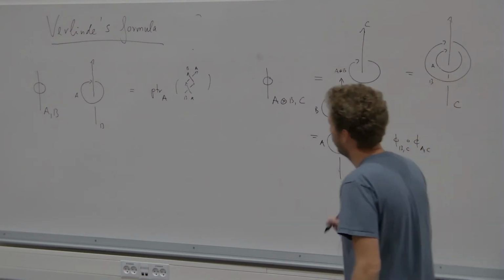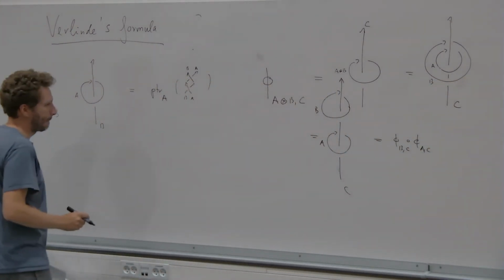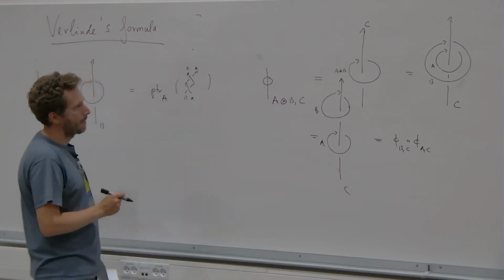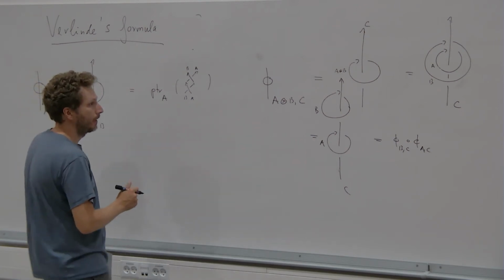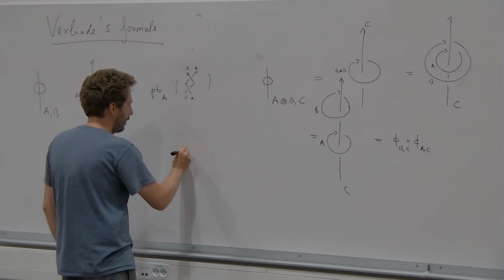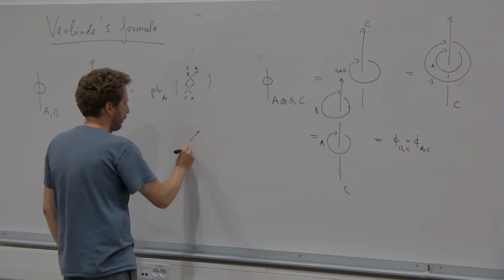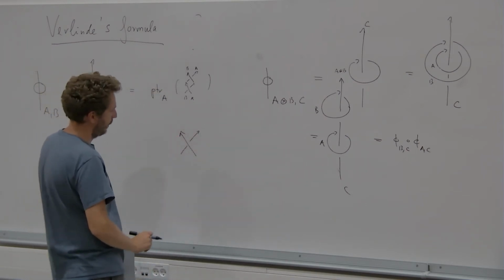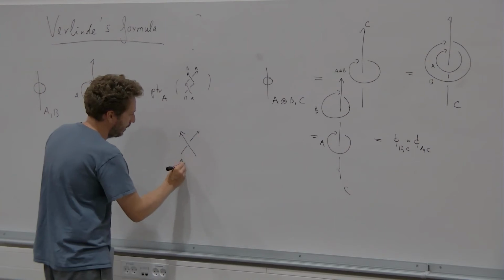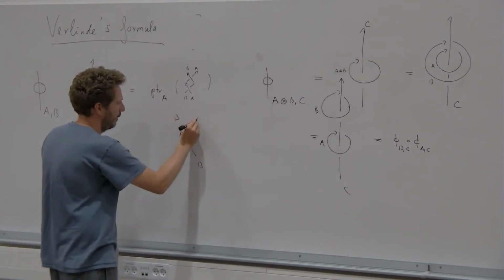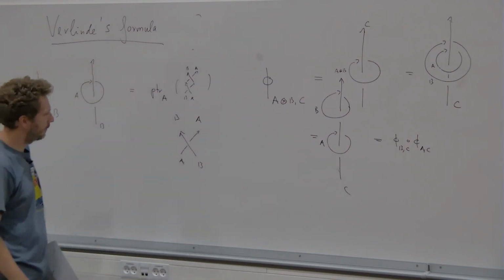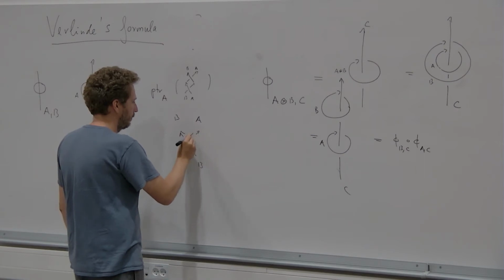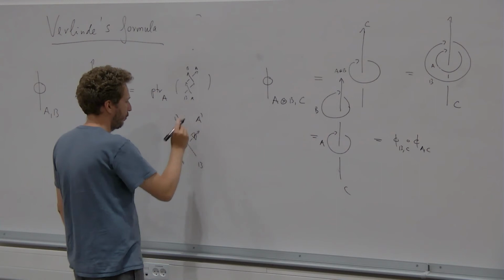So we have, the point is, we have that. So what can we have here? Here we have a braiding from AB to BA, and now what we can do is, for example, apply here a morphism F from A to A prime.